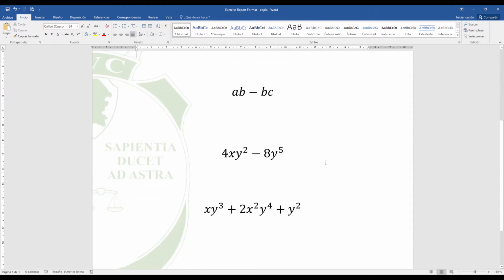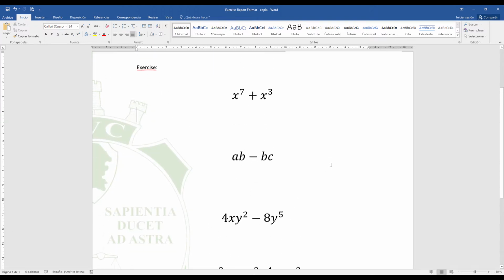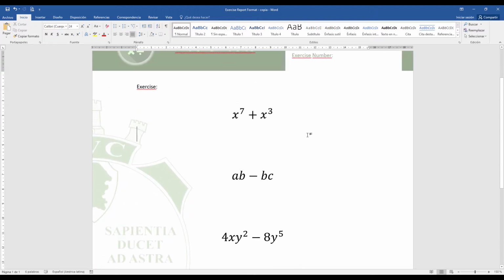Okay, so we will factor these samples here. Remember, you need to look for the common variable. In that case it is x.